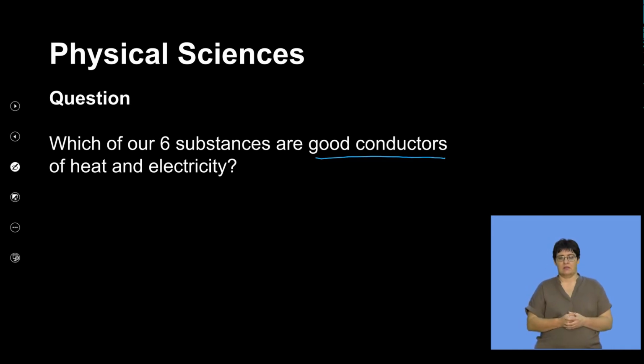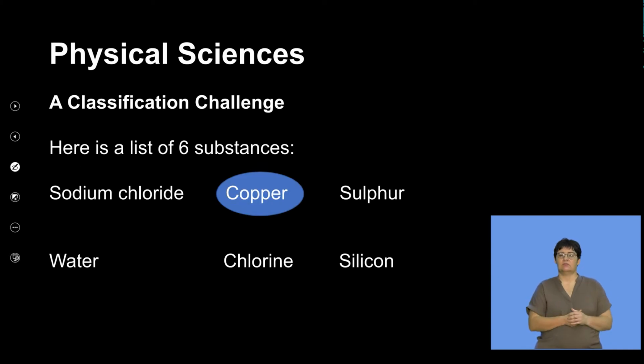Of the 6 substances, we know that copper is a metal. Actually, most metals are good thermal and electrical conductors. So copper is a good conductor of heat as well as electricity. From the list, we can identify that copper has that physical property, right?